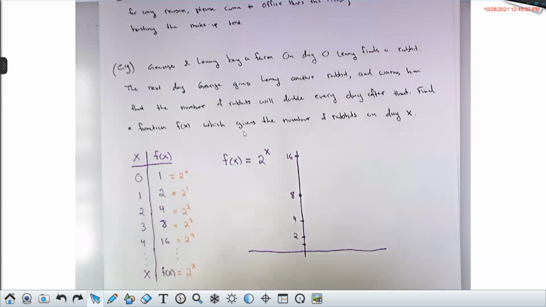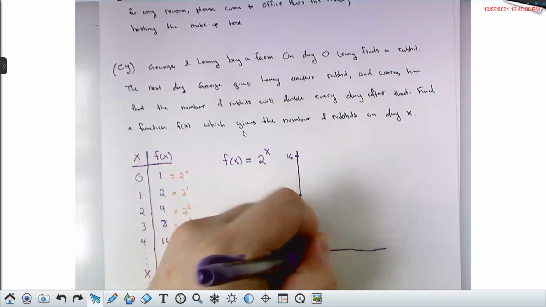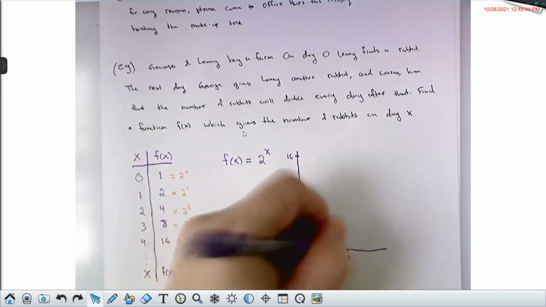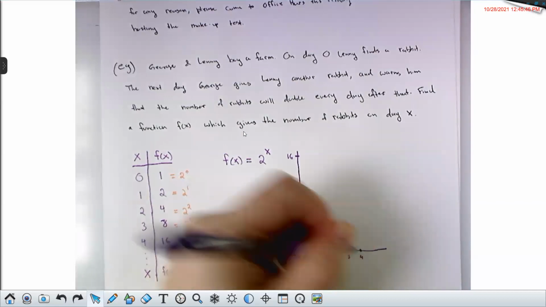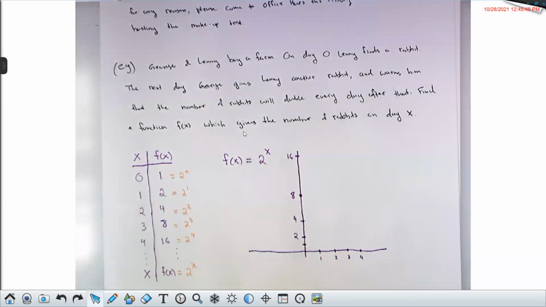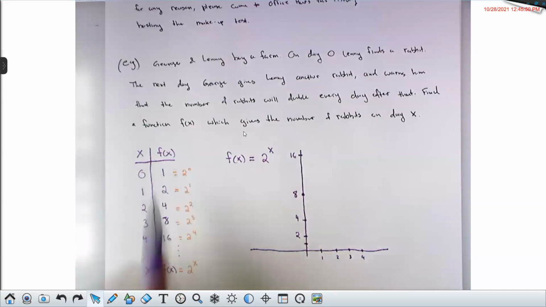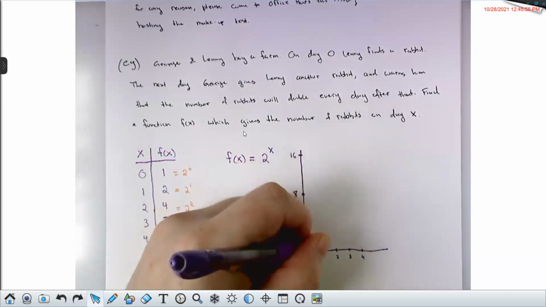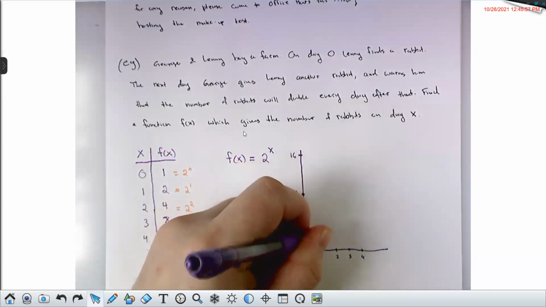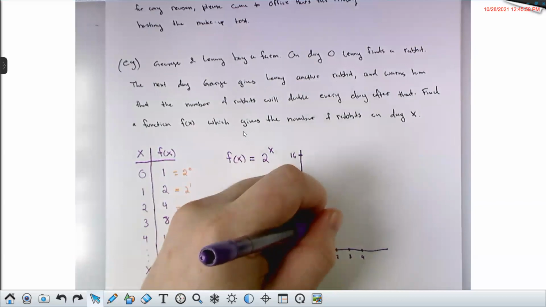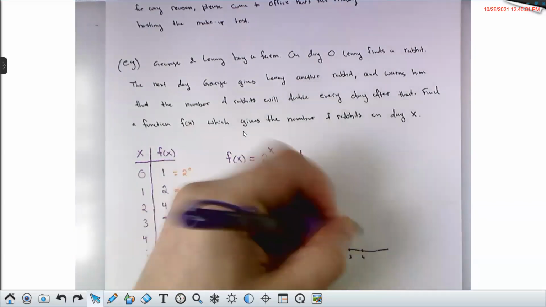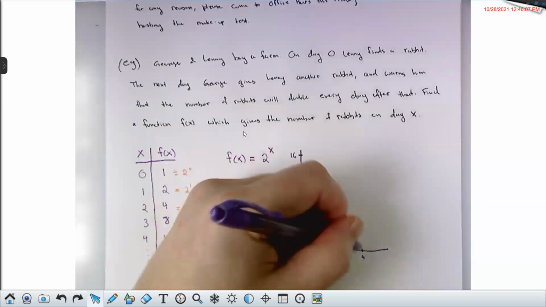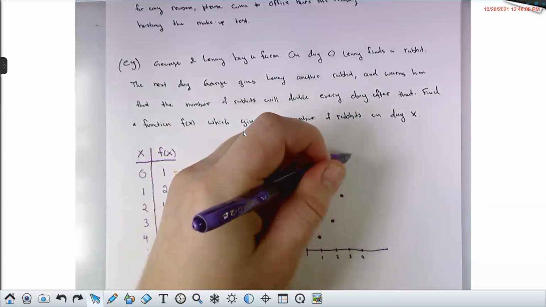We're going from 0 to 4 so far, so we'll call this 1, 2, 3, and 4. So I've got this table. Let's plot the points. 0, 1, that's right here. 1, 2 is right here. 2, 4 is right here. 3, 8, which is up here, and 4 comma 16 is way up here.